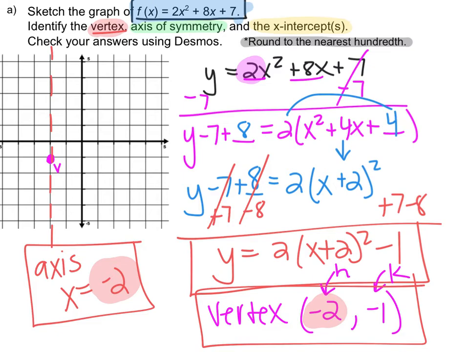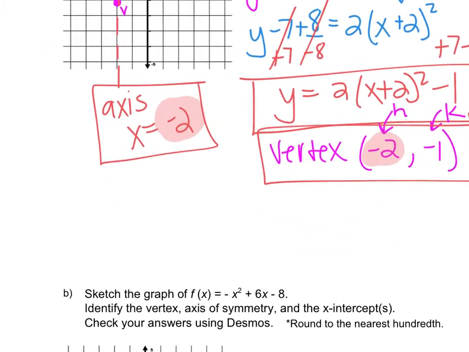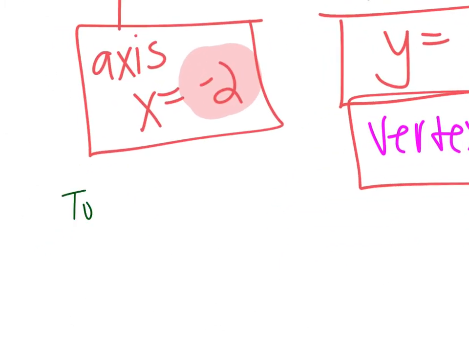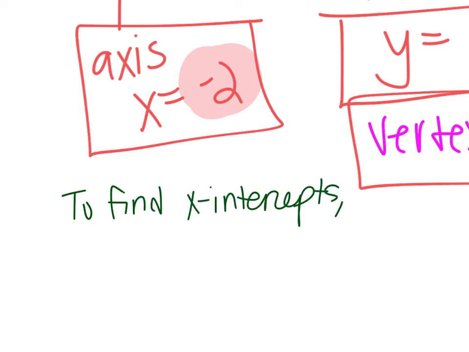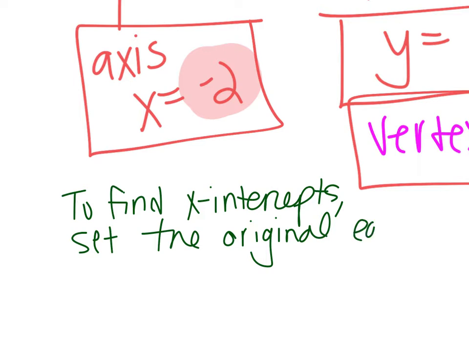What we'll do to find the x-intercepts, let's make a little note here. We're going to set the original equation equal to 0 and solve it.